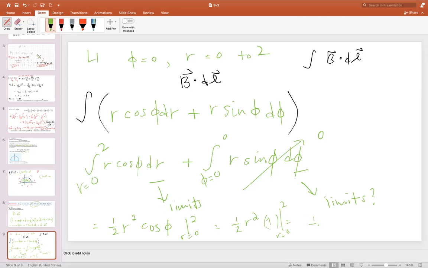So really, we're just doing 1/2 r squared. So that is equal to 4/2 minus 0. That looks right to me. Does that make sense? Yes, it does.